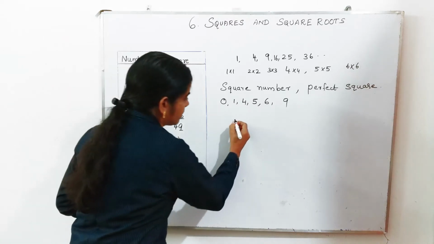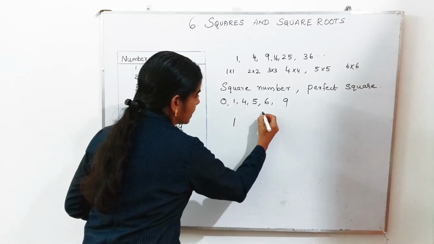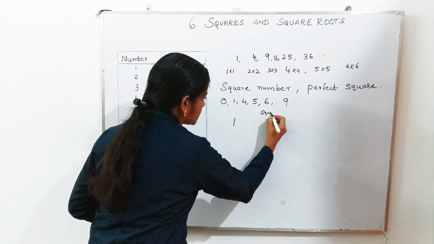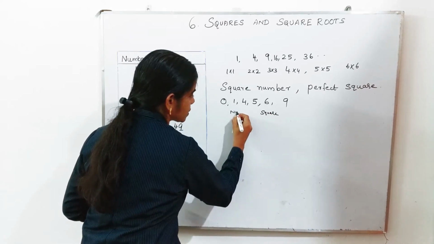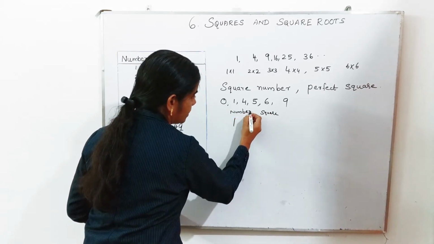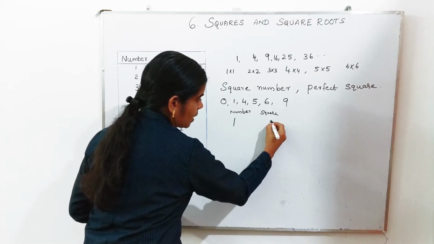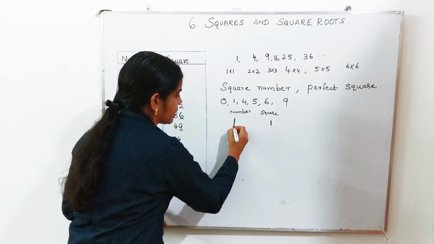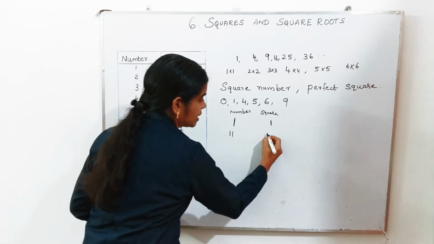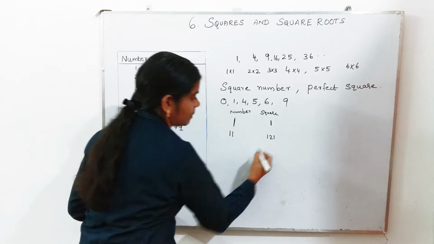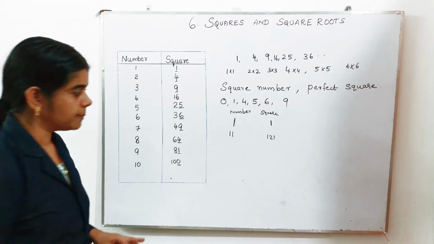Next I am writing here 1 and its square. The number is 1, then its square will be 1 itself. Next I am writing 11. 11 into 11, its square will be 121.